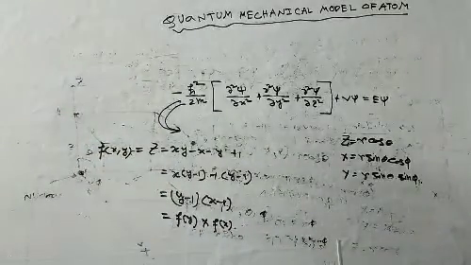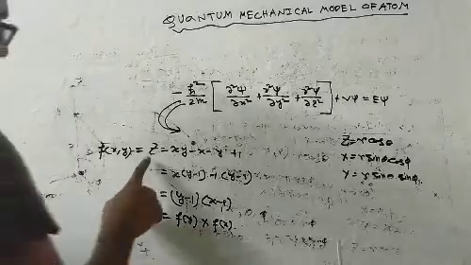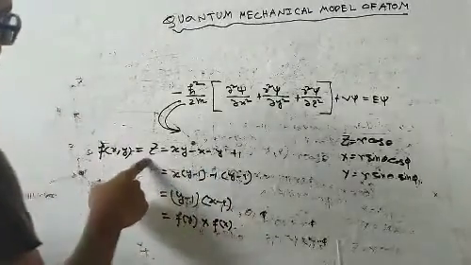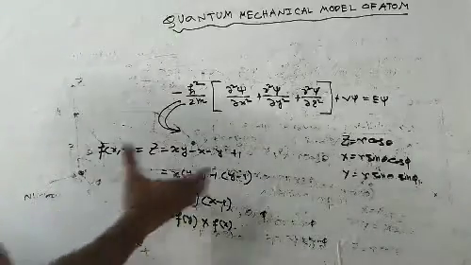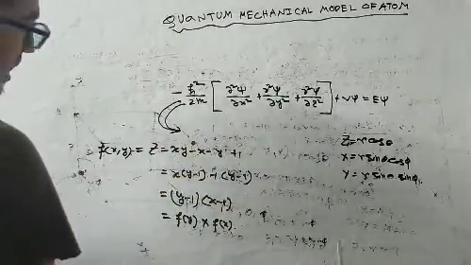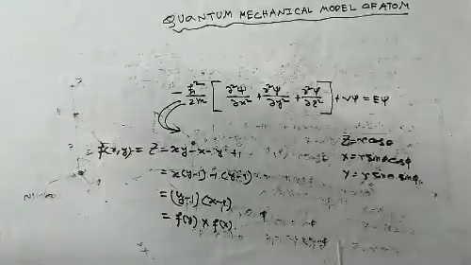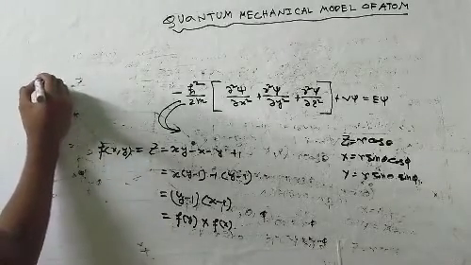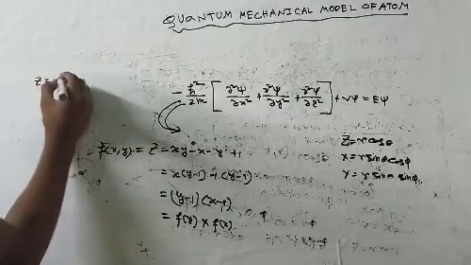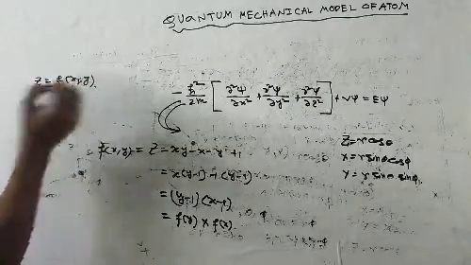So at the initial form, it was z equals a function of x comma y.